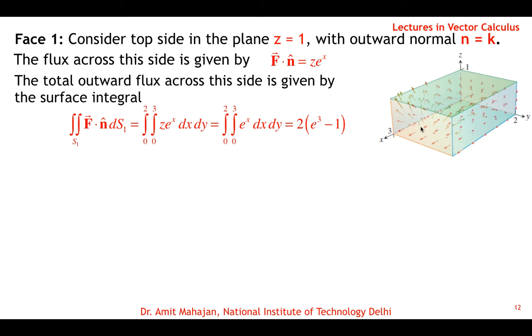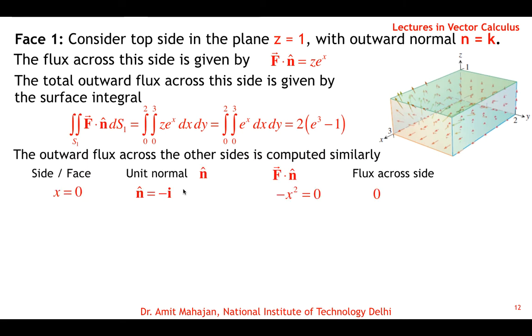Similarly we can choose other surfaces: downward, left, right, in the x direction and in the y direction, and calculate similarly the n cap, the F dot n value and then the double integral.